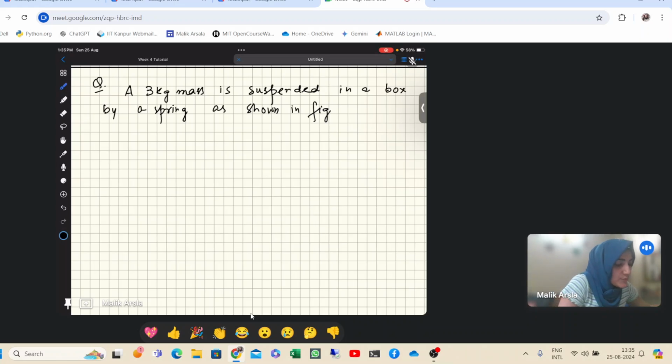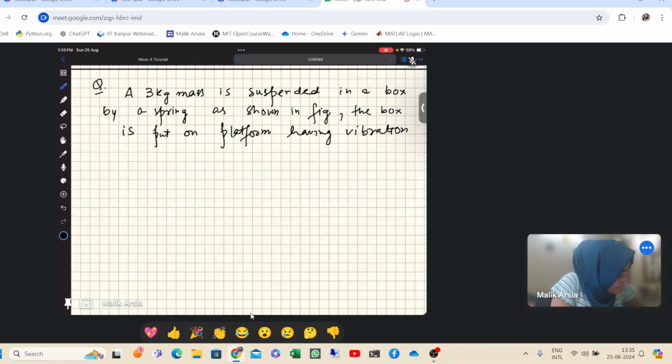The box is put on a platform having vibration y is equal to sin 6t centimeter, given K is equal to 6000 Newton per meter.